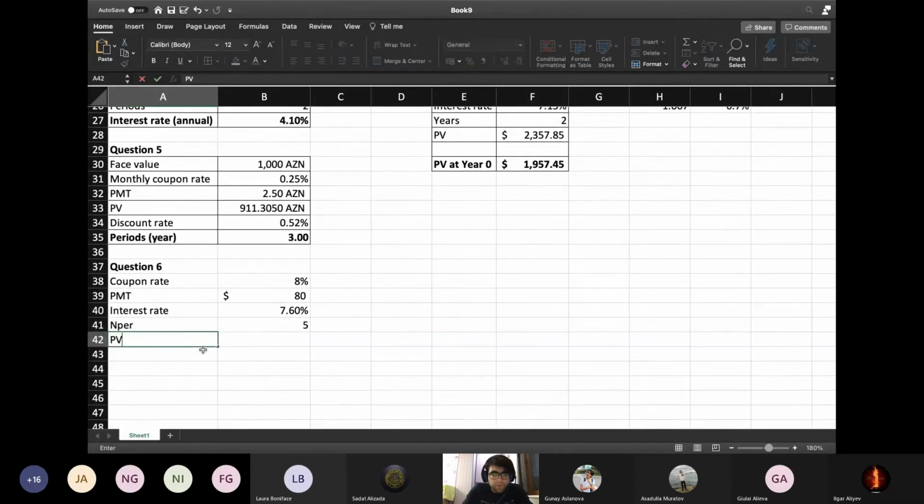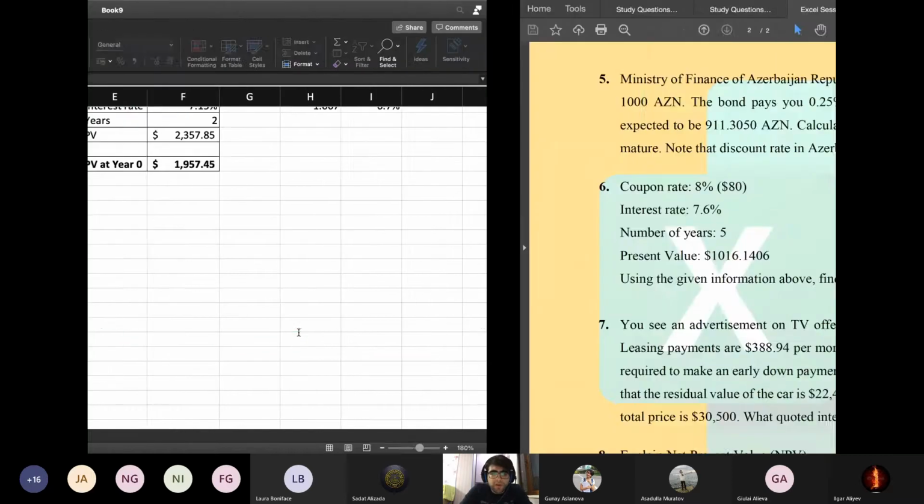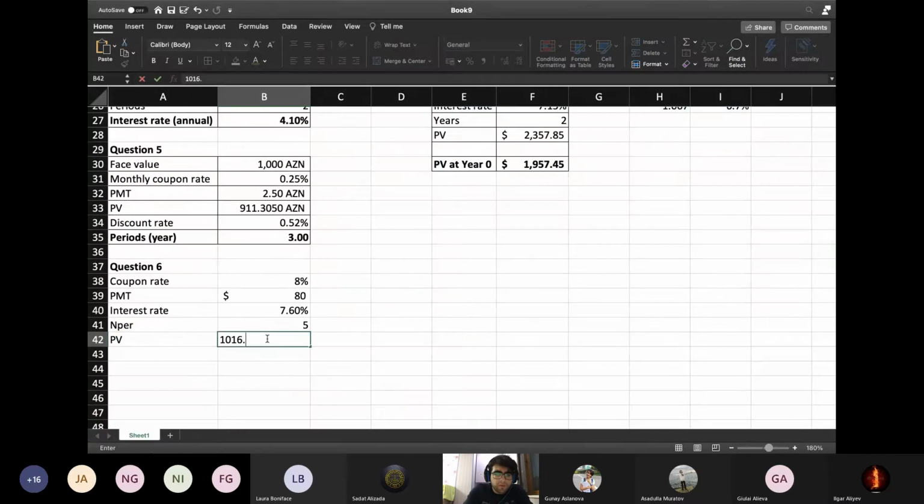Present value, or PV, or price. It is 1406. This is also with a dollar sign. And we are required to find the face value.